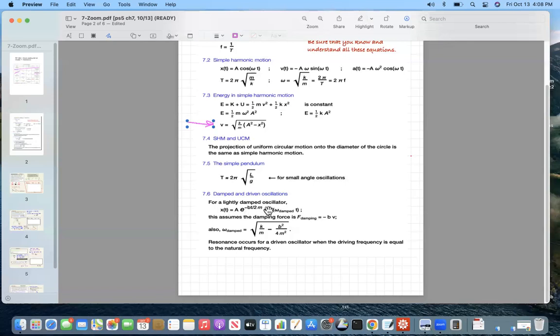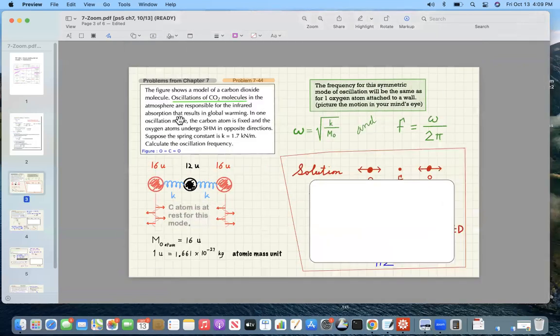So in other words, it has an oscillation, but the amplitude decreases exponentially in time. So you end up with damped oscillations. We'll see some examples of that in some problems.